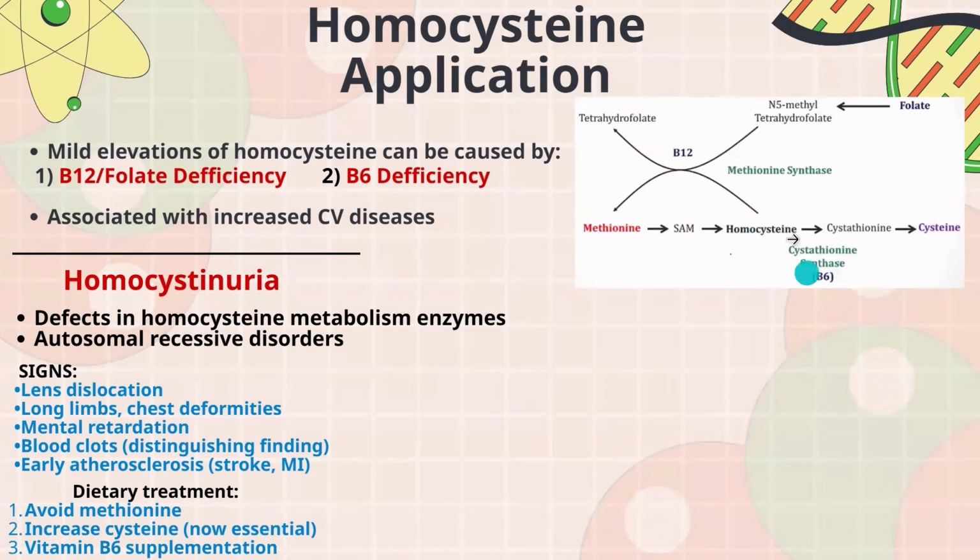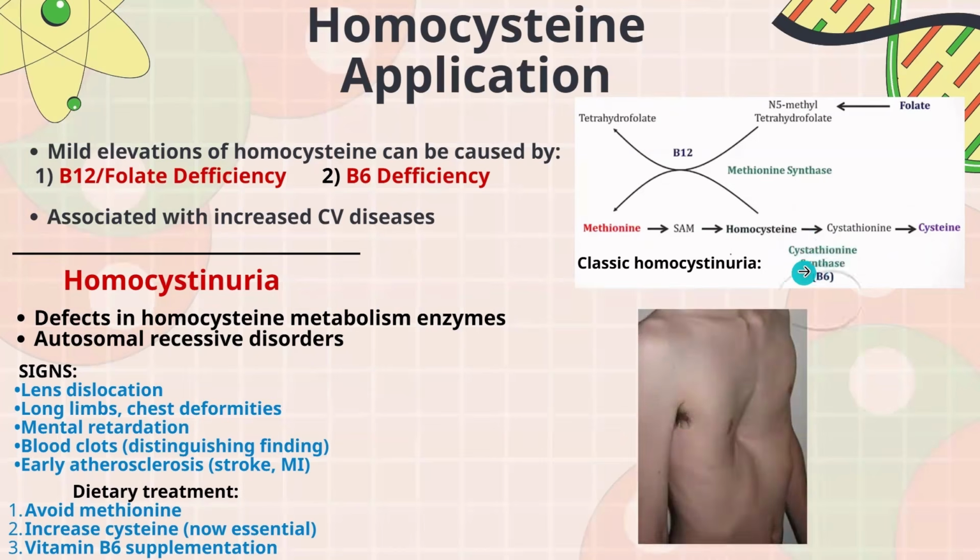This is not really important, but to be honest, if we're talking about classic homocystinuria, the most important part here is a deficiency in this enzyme over here. It's going to cause the long arms, chest deformities, and so on. So basically classic homocystinuria is mainly caused by a problem in cystathionine synthase, B6.